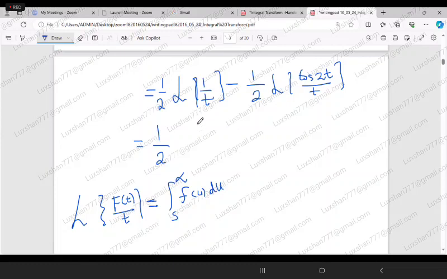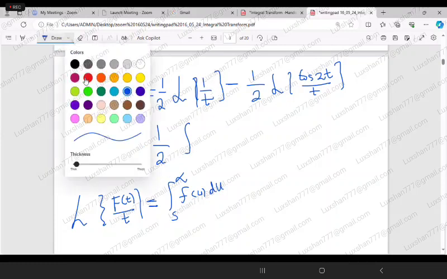Okay. So here, what is the Laplace transform of 1 over t? Can anyone tell me? So that is the integration. Your f(t) here is 1, no?